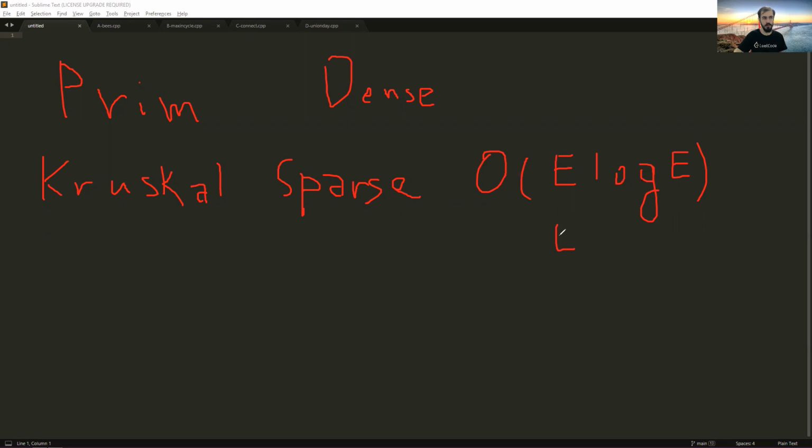If you have number of edges approximately equal to number of vertices, then it's a very fast algorithm, right? But if you have number of edges approximately equal to the square of number of vertices, and this happens a lot in the subproblem of MST called EMST, where E stands for Euclidean.